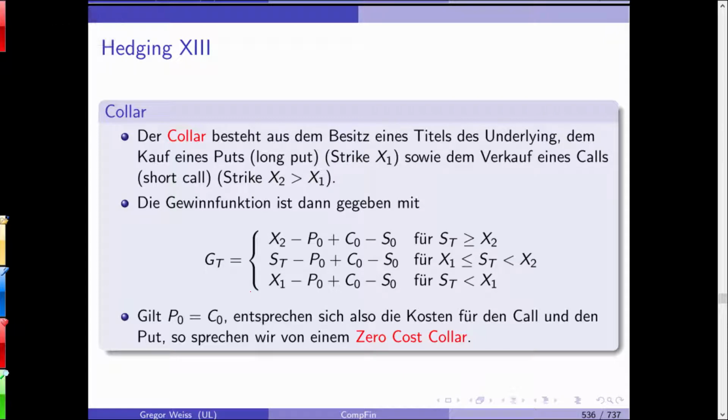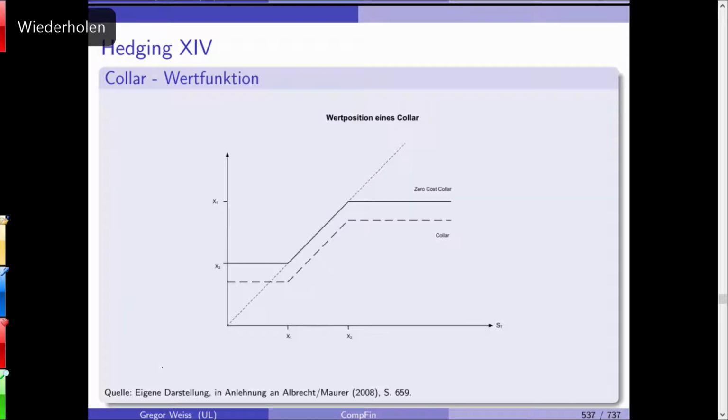Next, a collar. We have an underlying, and we go long in a put and short in a call with two strikes, X1 and X2. And you can imagine what will happen if, ideally, the prices of the put and the call are identical. It's also called a zero cost collar. And what will happen is you will get something like this. So you are giving up extreme profits in exchange for hedging against extreme losses.